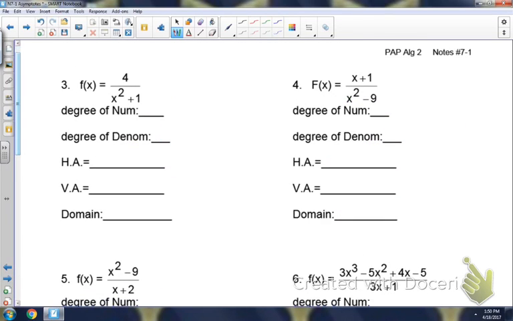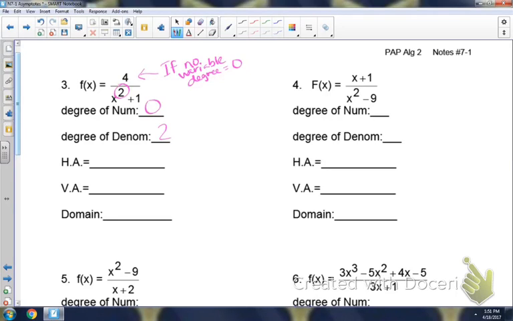All right, number 3. When we're looking at the degree of the numerator, notice there's no variable. If there's no variable, then your degree equals 0. So degree of the numerator is 0, degree of the denominator, that highest exponent is a 2.